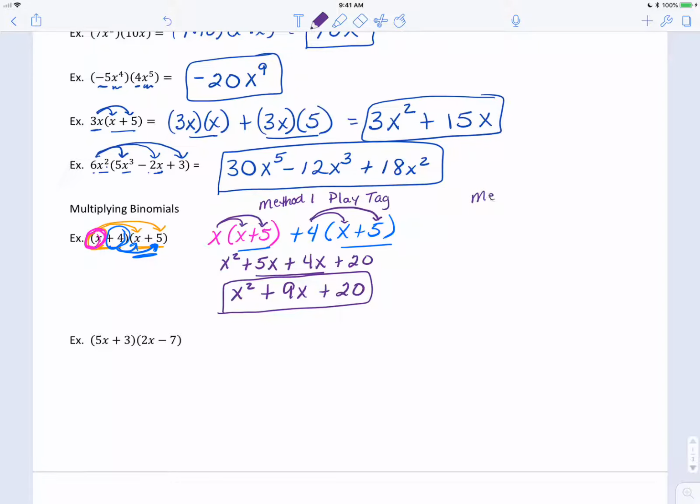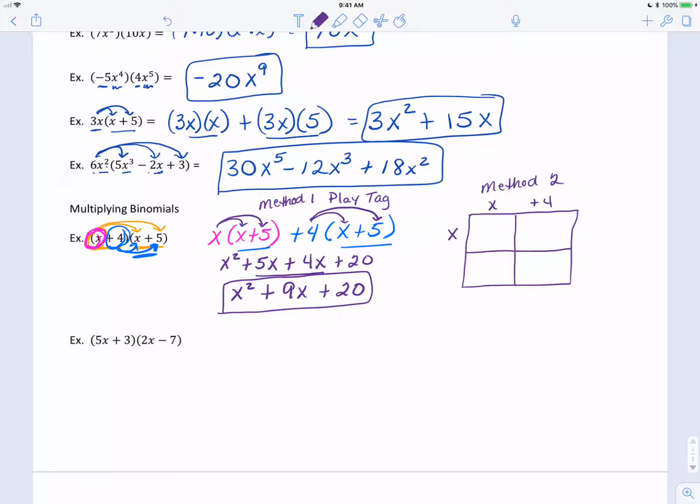In method 2, we're going to create a box here. And we're going to put each binomial in this box. Okay, so we have x plus 4.